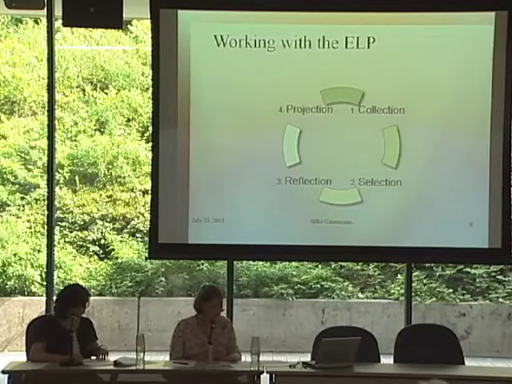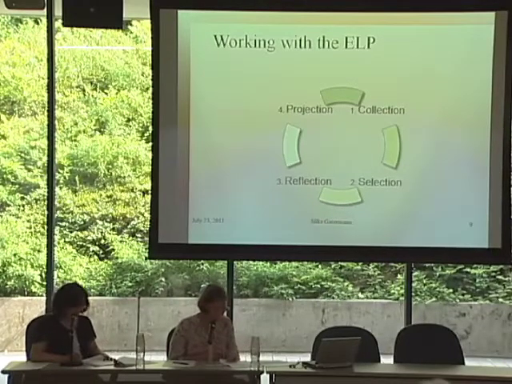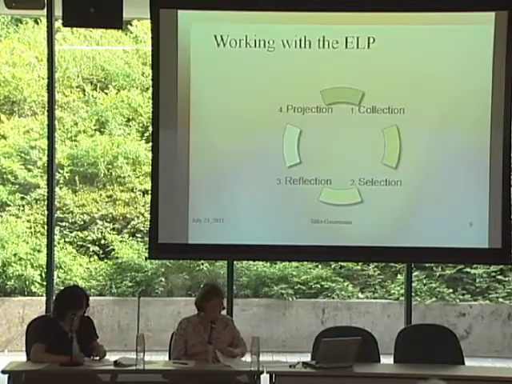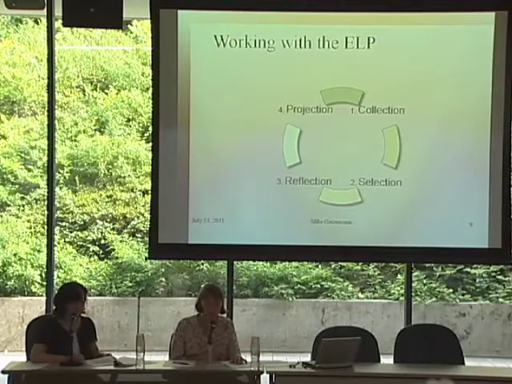Working with the ELP is done in the cycle of collection, selection, reflection, and projection. In the beginning phase of the ELP, such a cycle will be just one individual lesson. Depending on the school, an individual lesson is 45 minutes or 90 minutes.